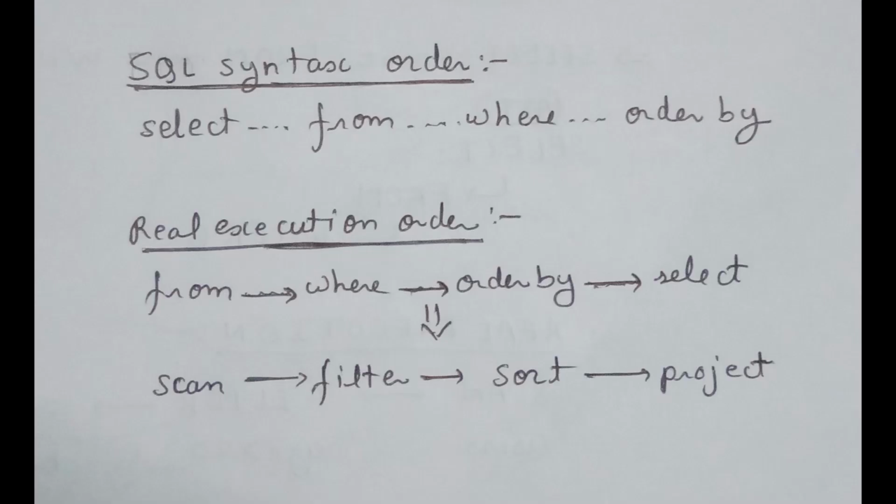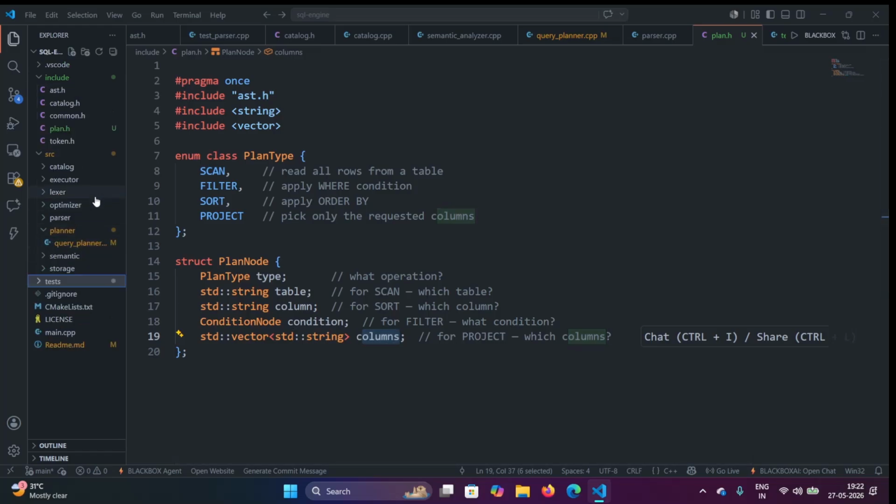And from is considered as scan, where is considered as filter, order by is considered as sort, and then select is considered as project. So this is going to be our project structure and how we are going to traverse through the AST and arrange all the clauses in a proper order for the execution by the executor, right?